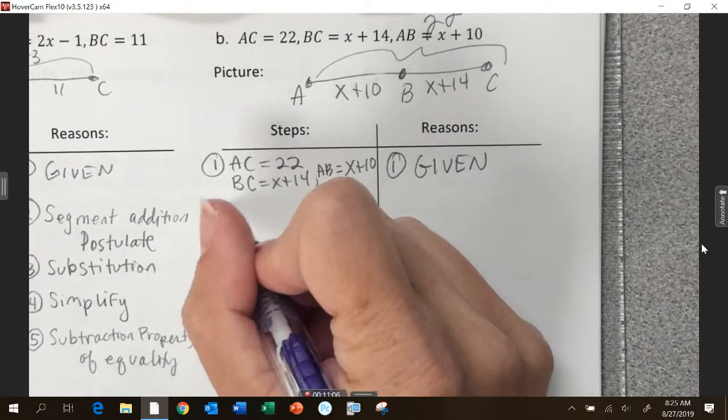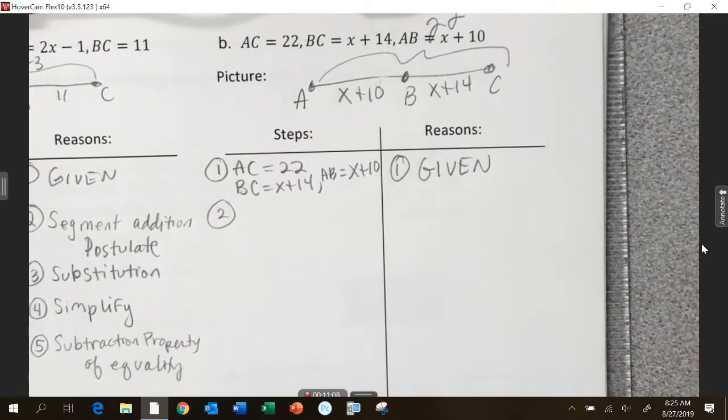Does anybody have an idea of what our second step could be? I'm going to start calling people. Okay. Emily, do you have any idea what our second step could be? BC plus AB.